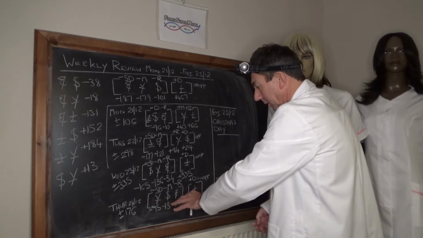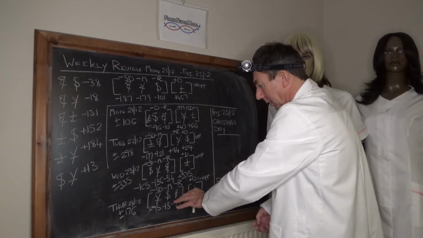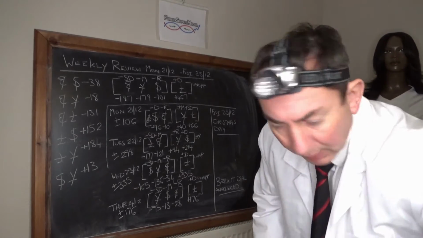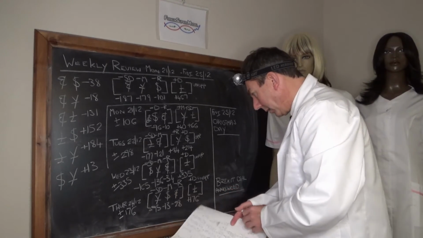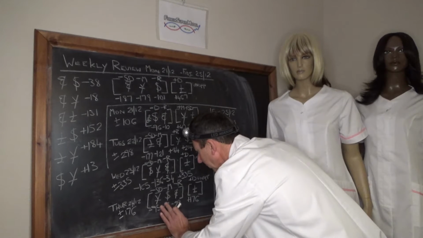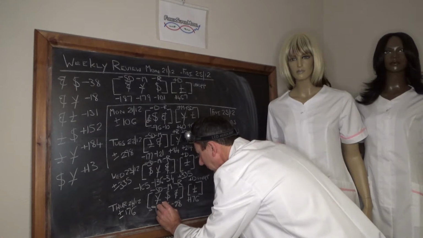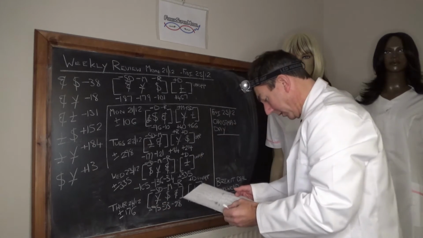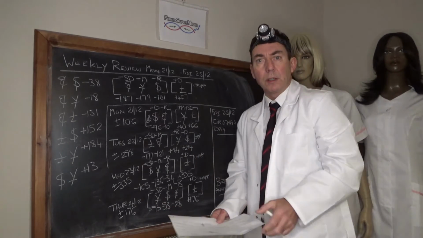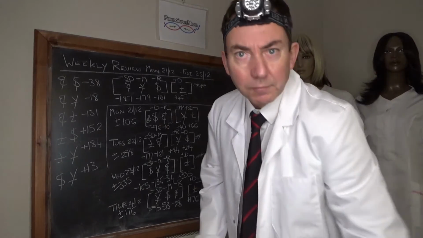So that's where we're at. What was that? Hang on, let's just check that figure, because we've got minus 95. That should be minus 53. Okay, so that should be minus 53, and that's minus 28. Yes, so well done if you spotted that.